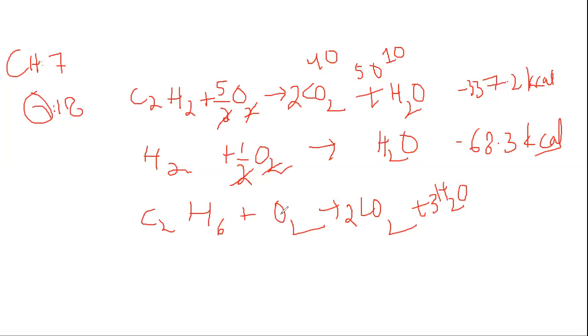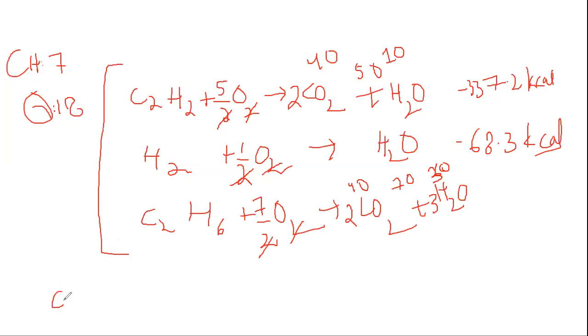Oxygens are here, 2 twos are 4 oxygens, and 3 oxygens from water. So 4 plus 3 will be 7 oxygen atoms. So you have to balance the equation by writing here 7 by 2. 2 will be cancelled out with the 2. So 7 atoms of oxygen in the reactant and 7 atoms of oxygen in the product. These are the equations.